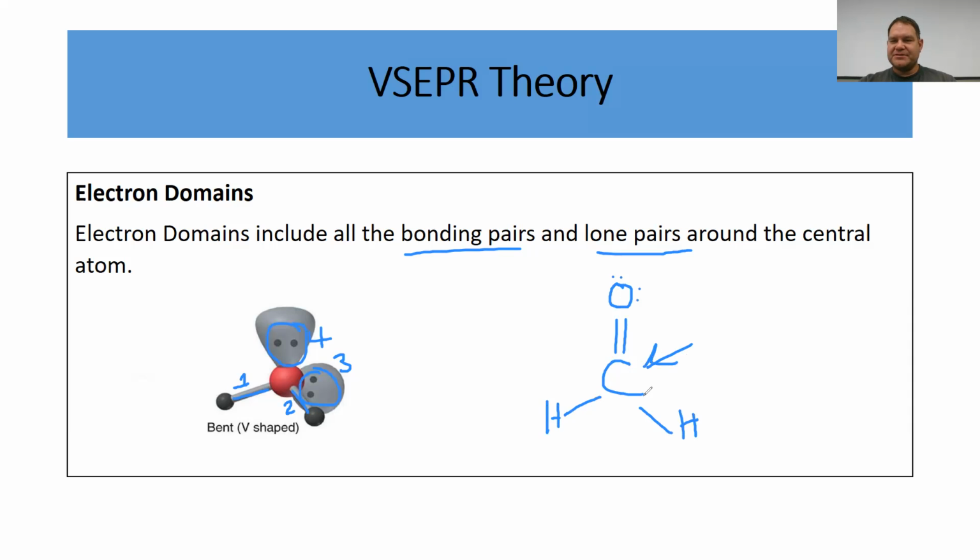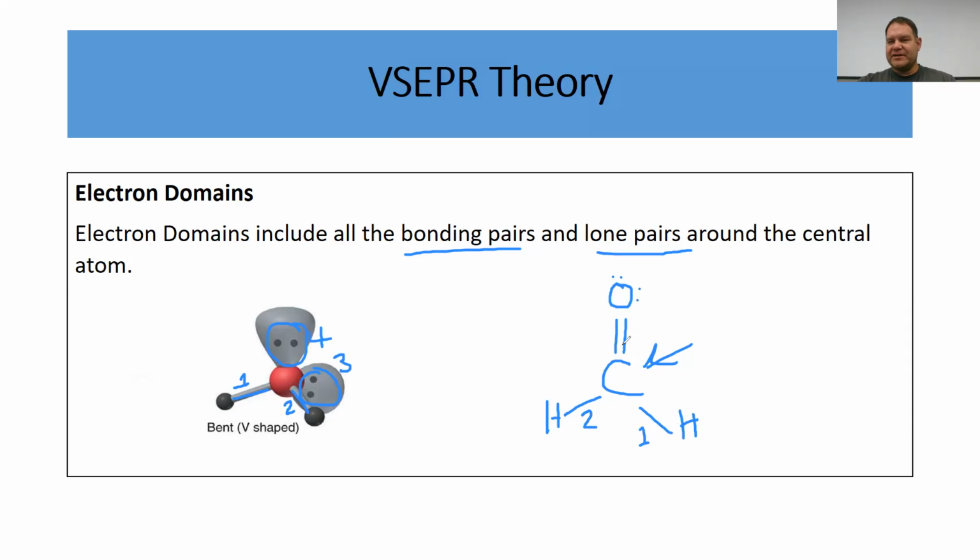So the question is, how many electron domains are around the central atom? Definitely the single bond, which is a bonding pair, is going to be one domain. And this is also a second domain. So far we have two domains. But what about this double bond?